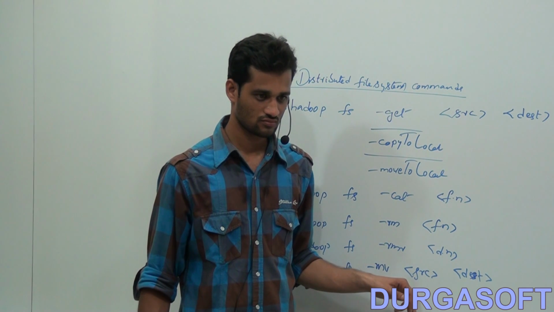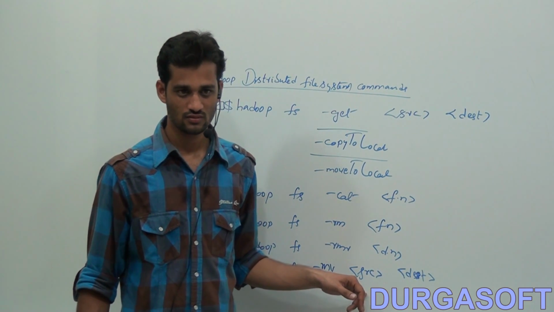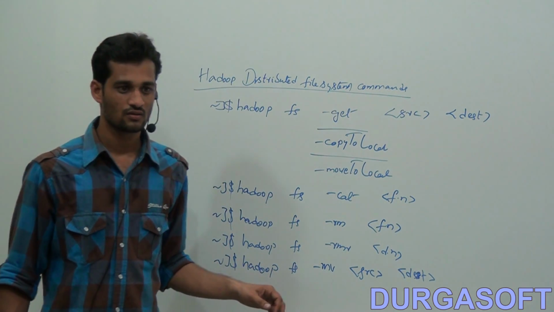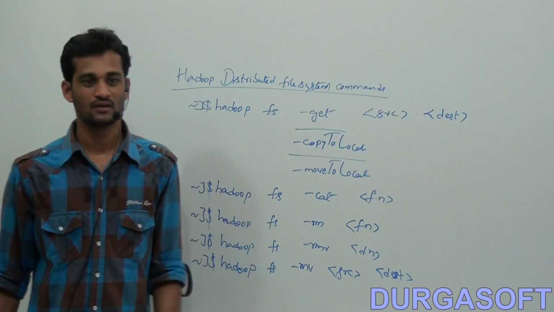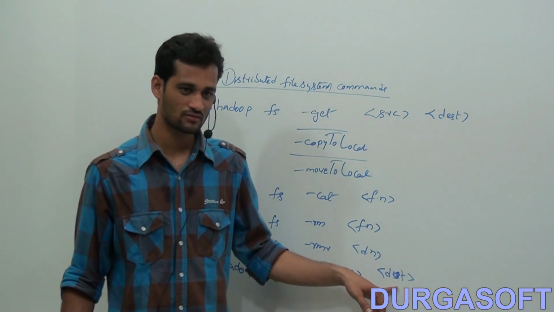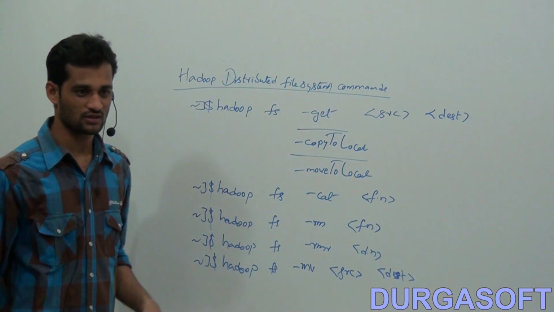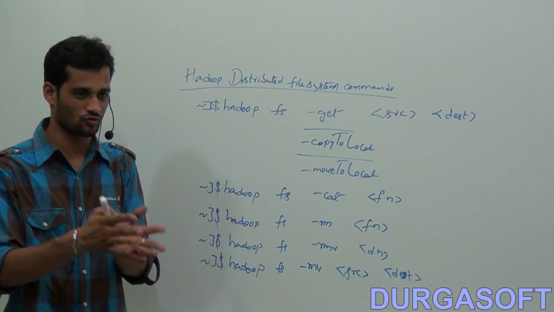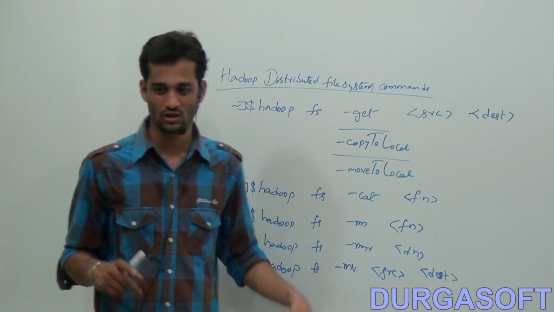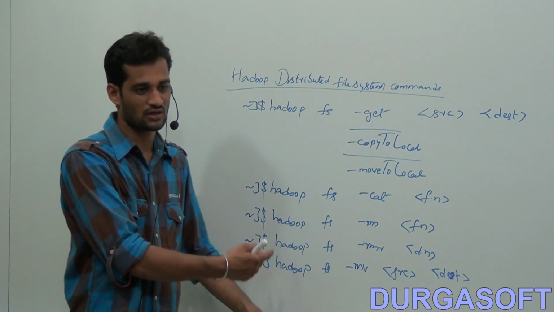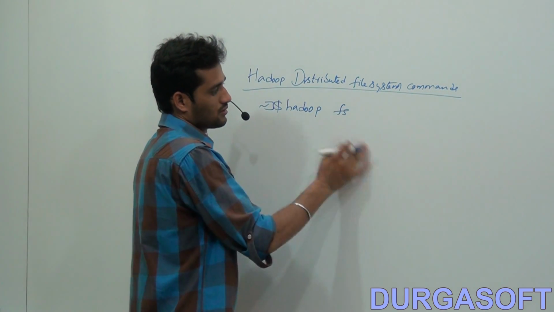Is it a local file system file or an HDFS file? Yes, it is an HDFS file. Both will be in HDFS only. In HDFS itself we are copying files from one location to another, as well as moving files from one location to another. There is no link with the local file system here.